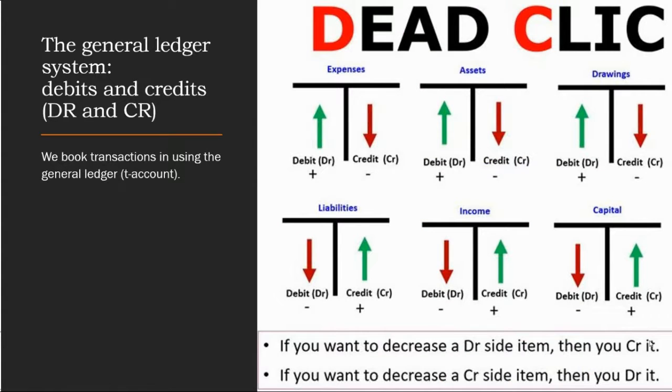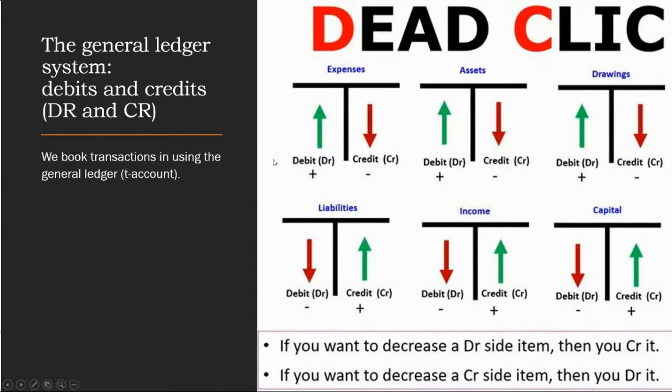The general ledger system is the next thing that you need to understand. Now, you will see I've given you T accounts for each and every type of category. Now, in class, I've explained debt click. It says on the debit side, we increase expenses, assets, and drawings. On the credit side, liabilities, income, and capital will be increased.